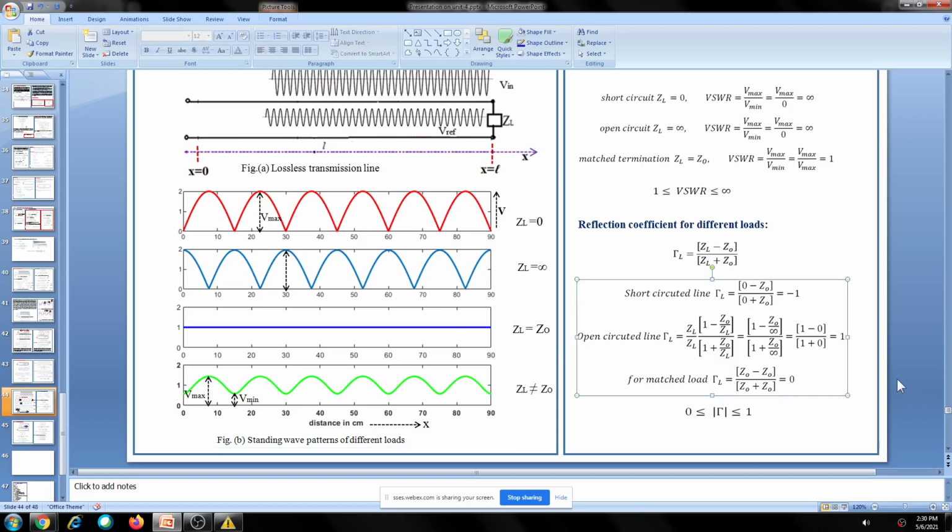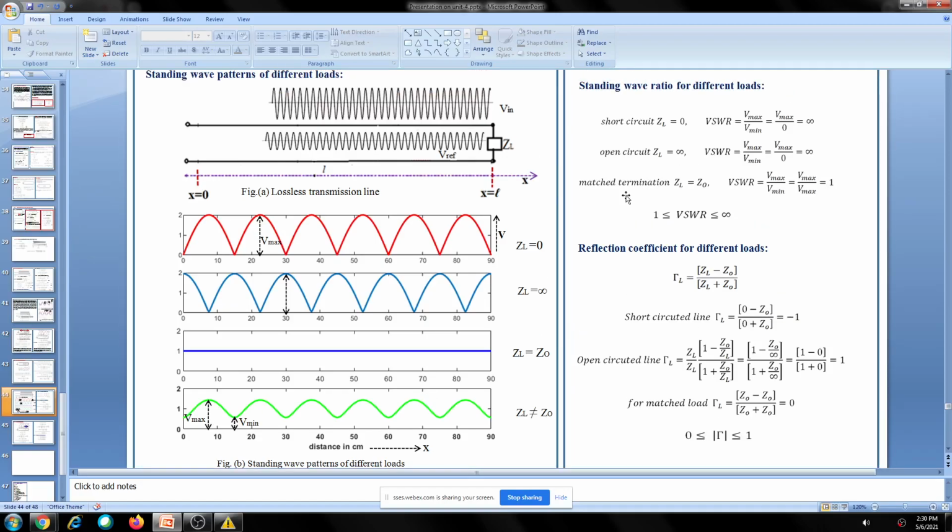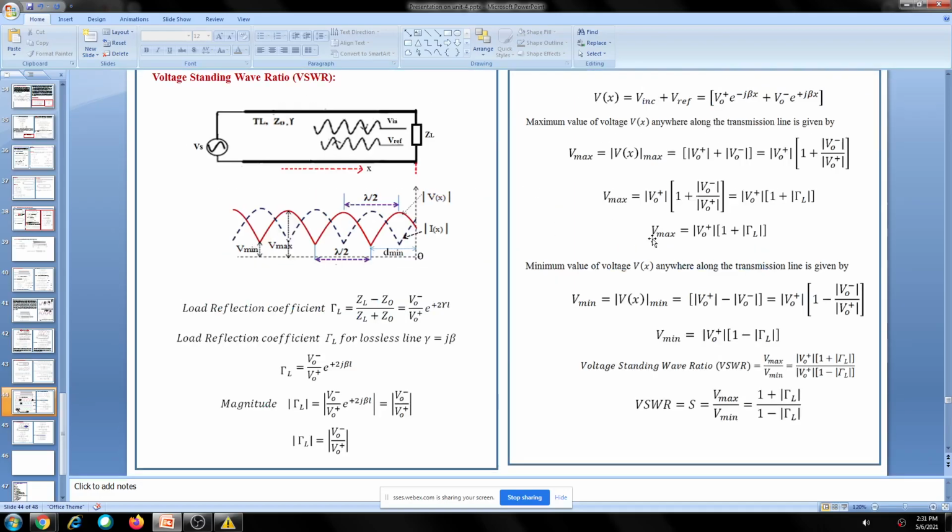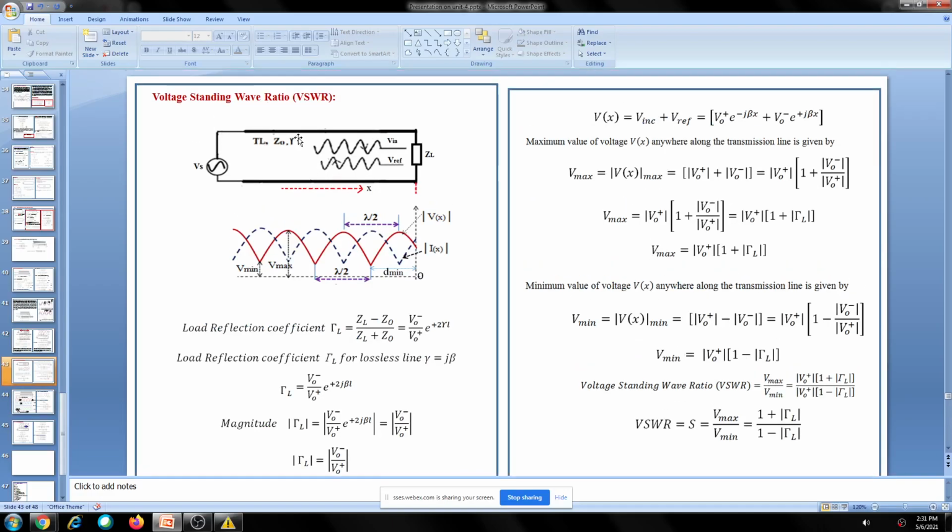Now see, for any standing wave we will calculate one parameter that is called the standing wave ratio, VSWR.